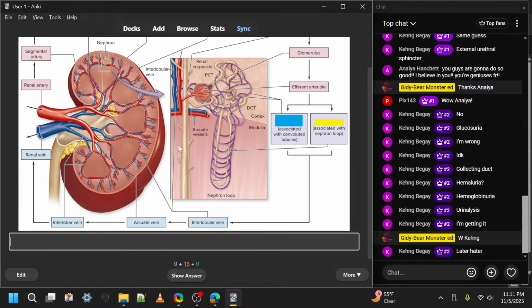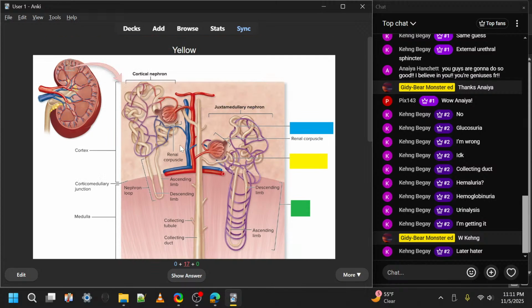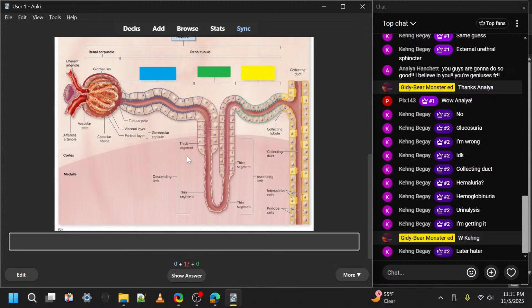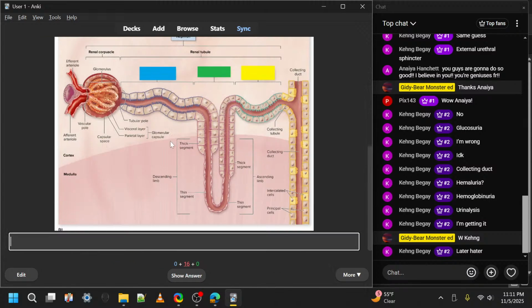The yellow is the vasa recta. The yellow is the distal convoluted tubule. The blue is the proximal convoluted tubule.